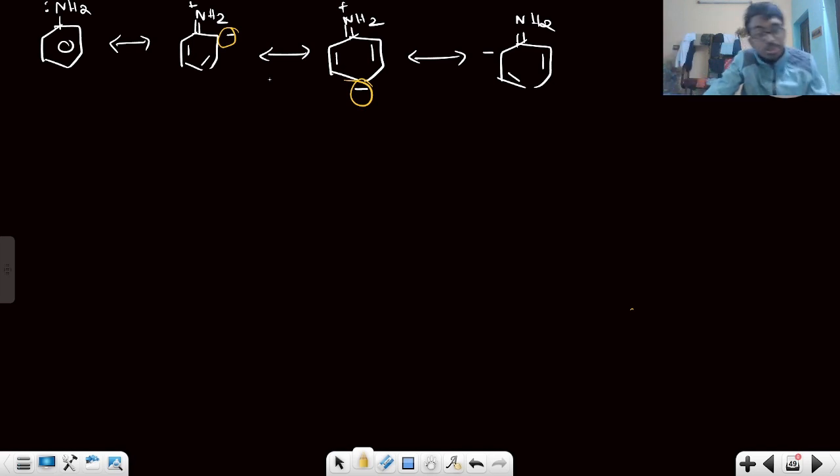Definitely at the ortho para position. The logic is very simple: wherever the electron density is high, the electron deficient center will attack there, because they need electrons. So at ortho para position the electron density is high, at meta position the electron density is low. So this is going to be an ortho para directed activating group, because this is plus M effect.